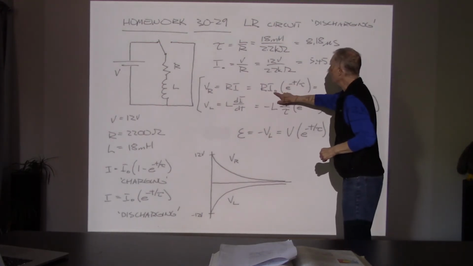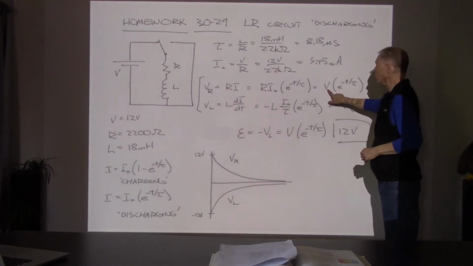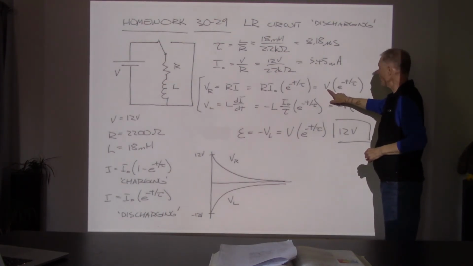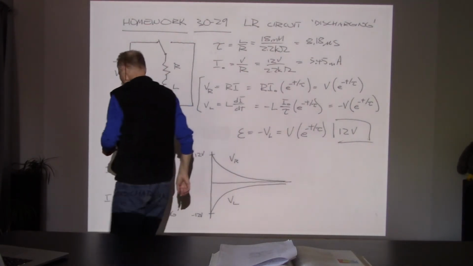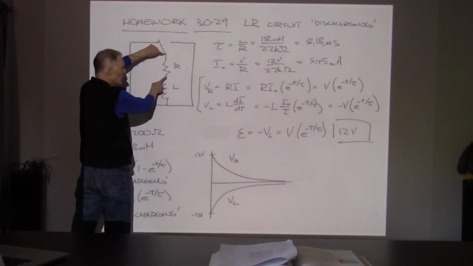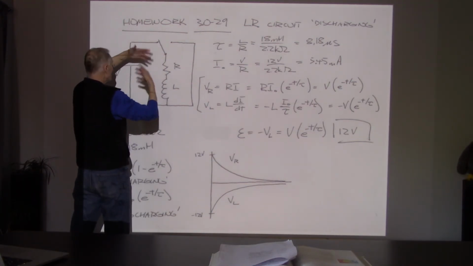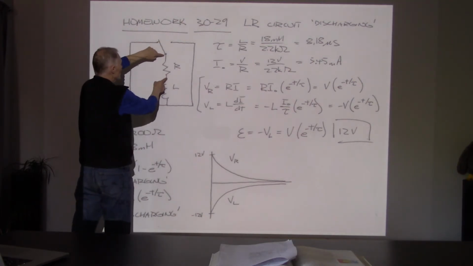Now, R times I naught, if we go back to here, that's the same thing as the voltage of the battery. So the voltage across the resistor will start off at 12 volts. Well, that's what it was before we threw the switch. So the 12 volts is going to stay here.